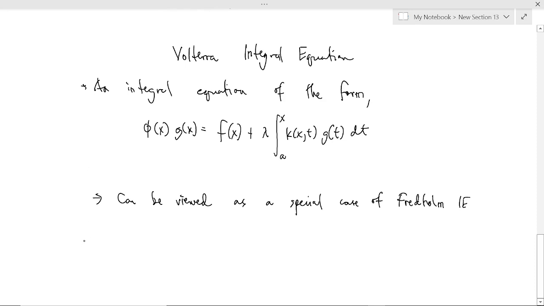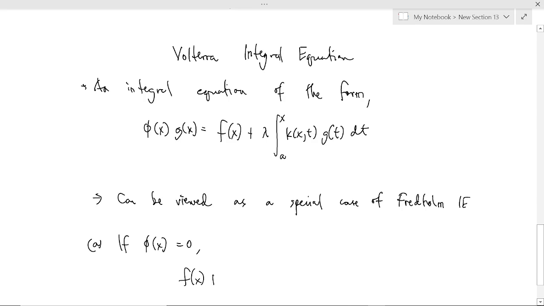So we also have the following equations for the Volterra integral equation. What if phi of x is equal to 0? Then everything else on the left-hand side is equal to 0.